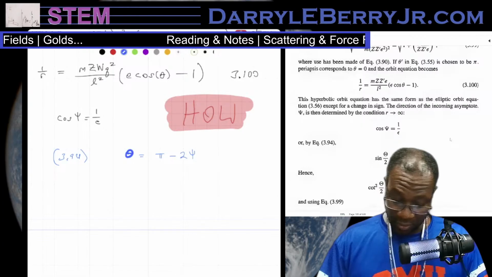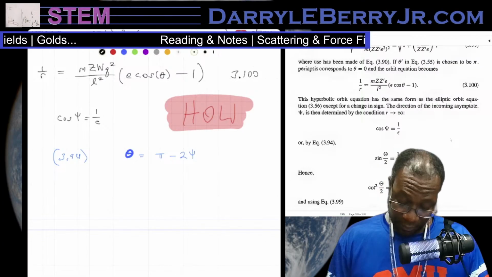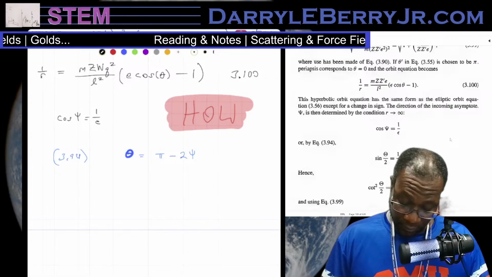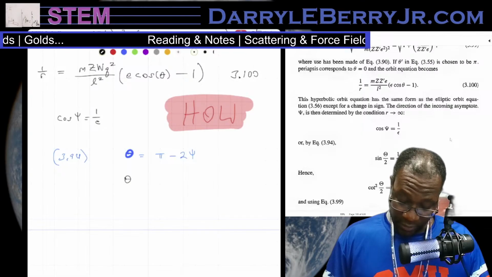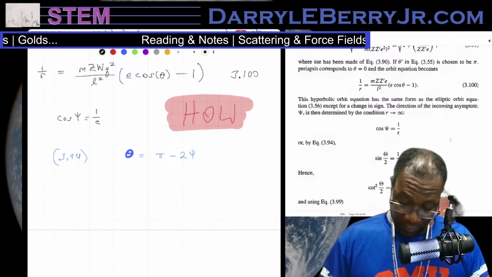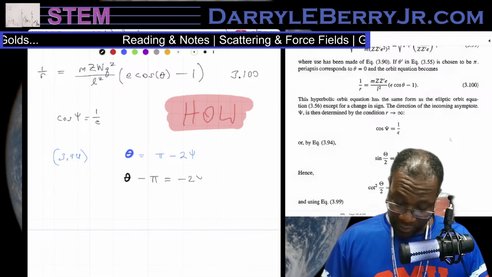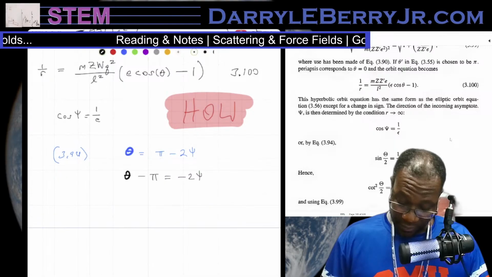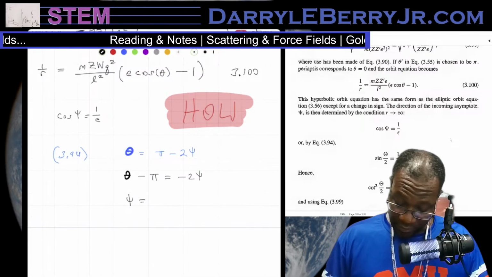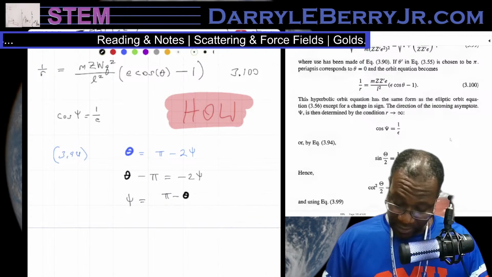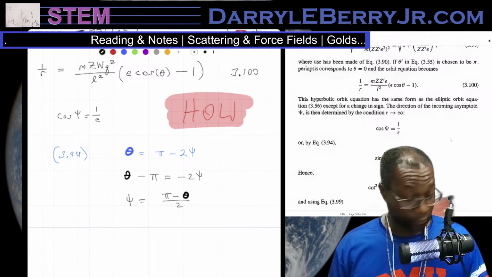Okay, so we have big theta minus pi equals negative 2 psi. So psi equals pi minus big theta divided by 2.